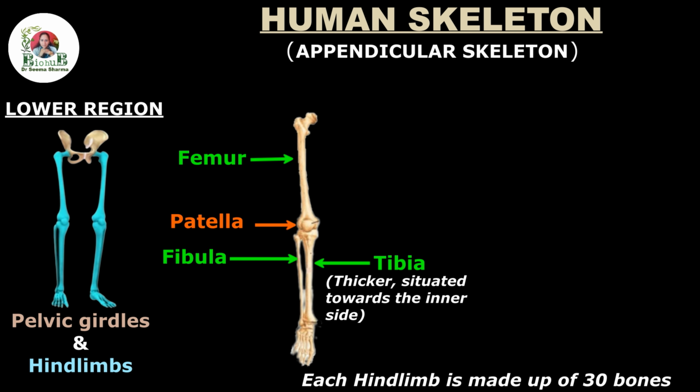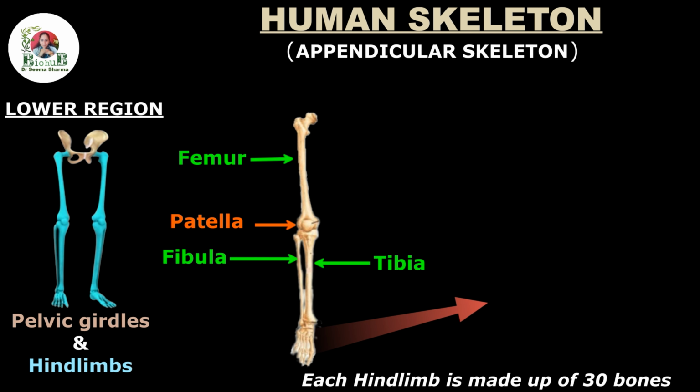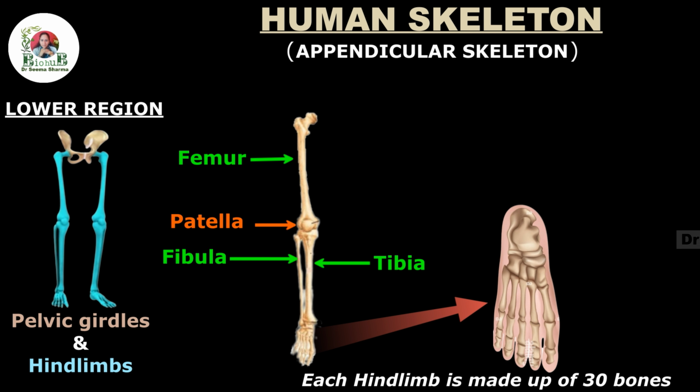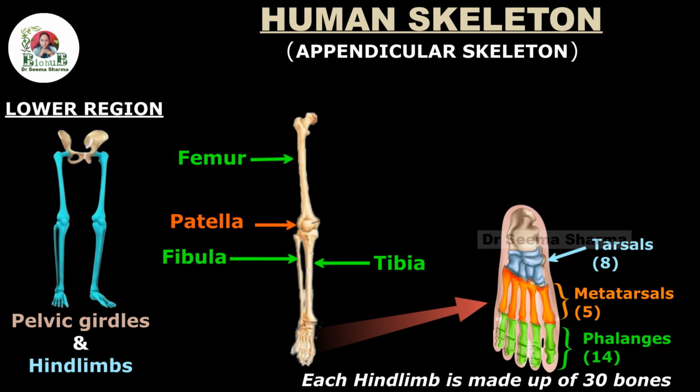On the other hand, fibula is very thin and is situated towards the outer side of hind limbs. Just like the hands, each foot also has 27 bones, which are further divisible into 3 subtypes, but here they are named as tarsals, metatarsals and phalanges.